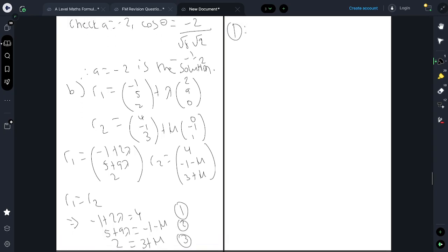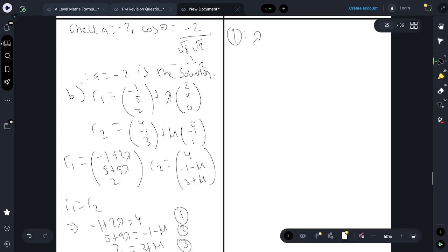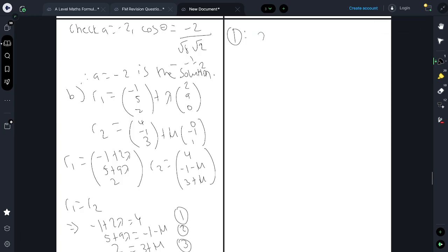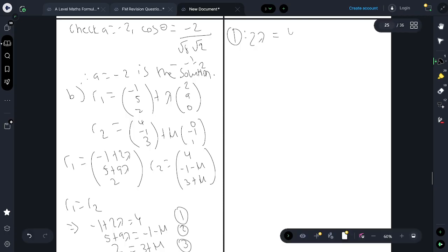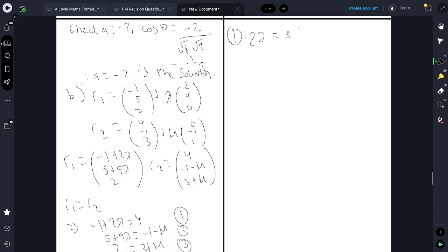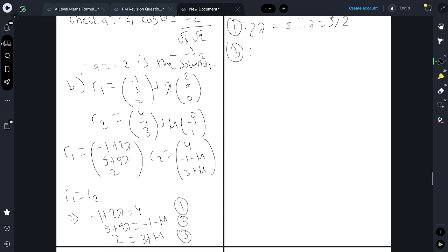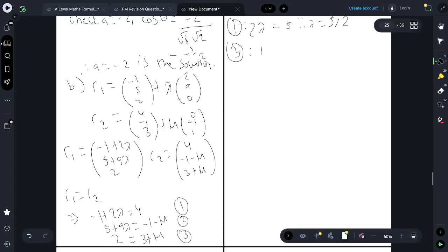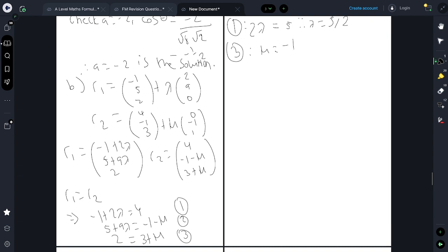Well, we can solve for lambda, can't we? 2 lambda would be 4 plus 1, so that'd be 5. Therefore, lambda, according to this, would be 5 over 2. Then we'll look at equation 3. So mu would be -1.